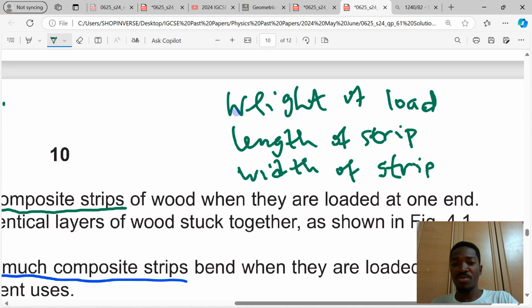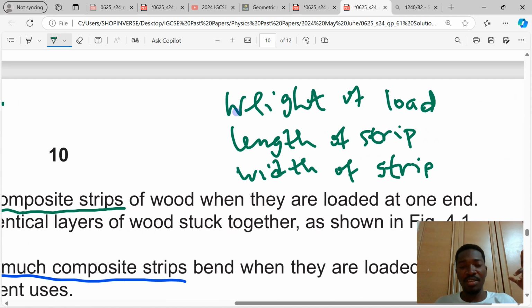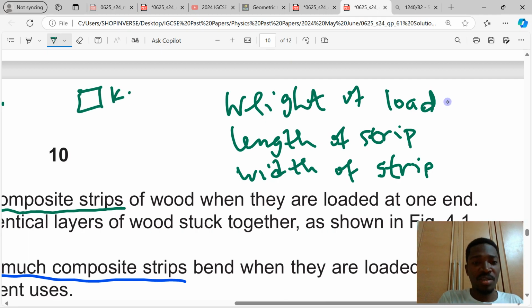Increase one value and see the effect of that value on another value. But while you are doing this, there's a third variable, or even a third and fourth variable, you keep constant. So now you can do it in terms of weight or load, like you have different weights. One is 1 kilogram, the other one is 2 kilograms, okay?